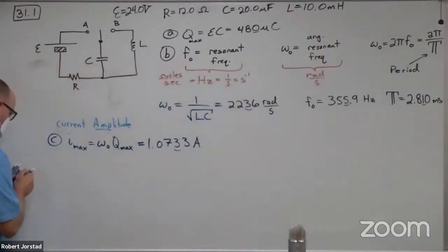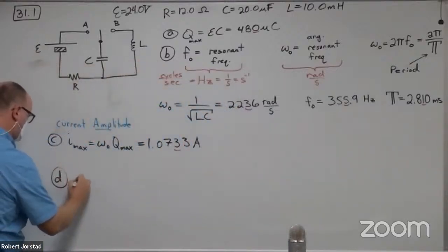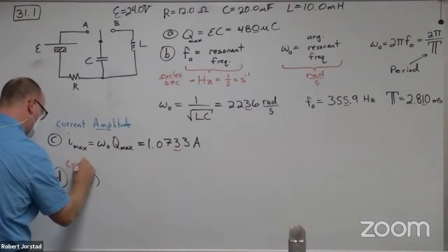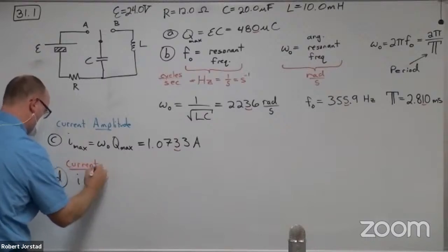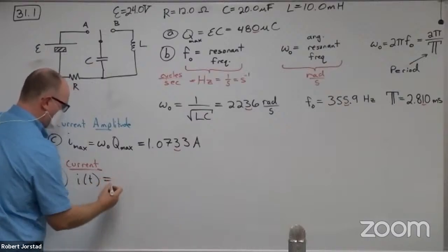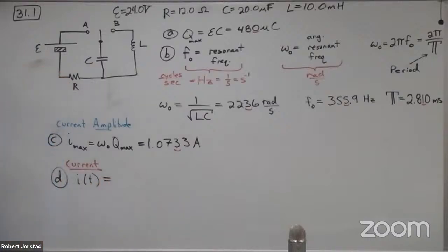All right. So current as a function of time, this is current. Well, in this case, tell me what I should write down. Does the current start at a maximum or does it start at a minimum?